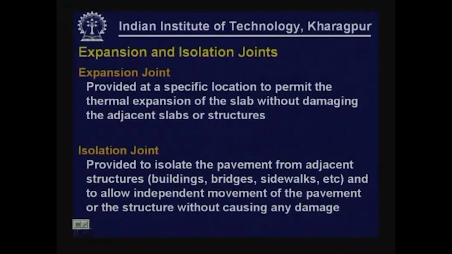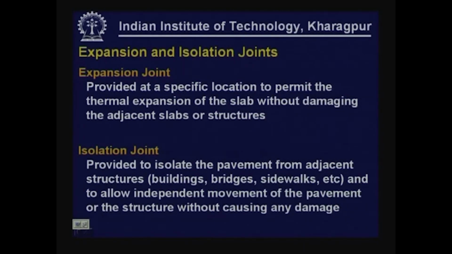The concrete should be permitted to expand, otherwise there will be a significant amount of compressive stresses generated in the concrete slab. To avoid that, normally expansion joints are provided at specified spacing.